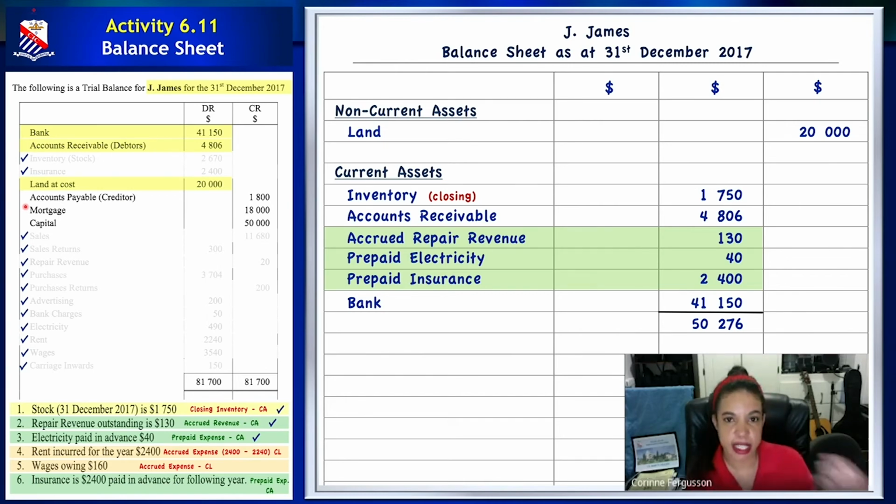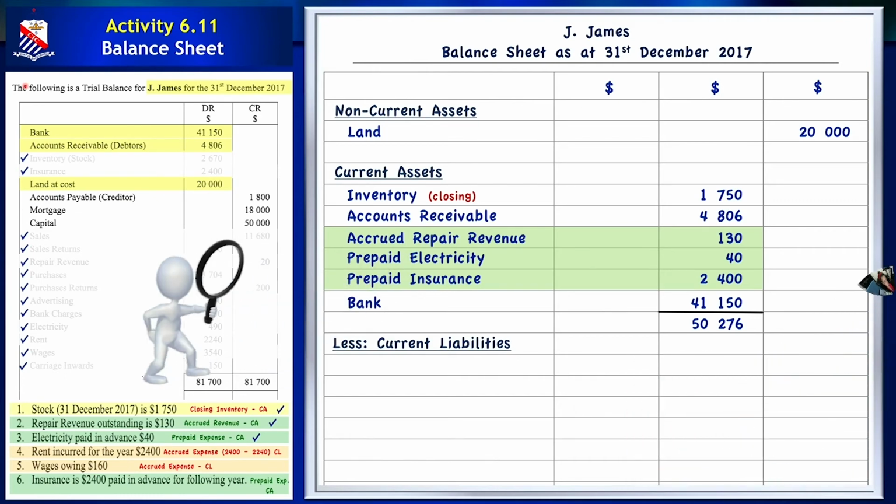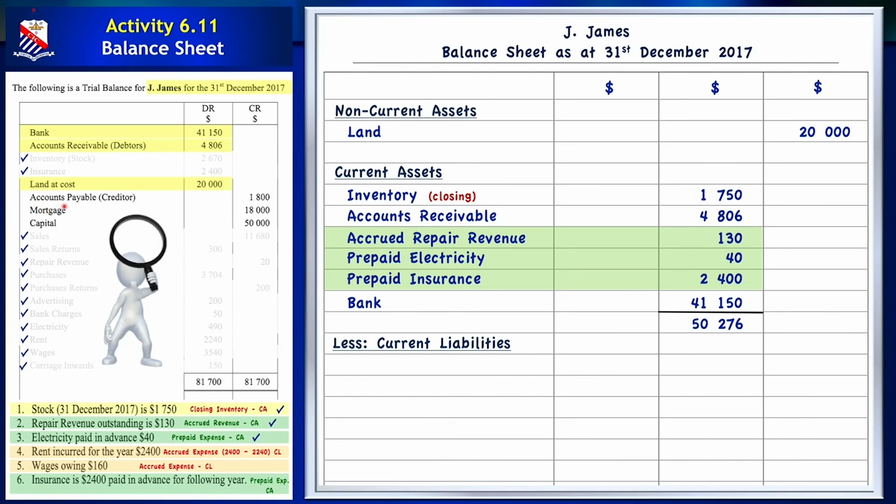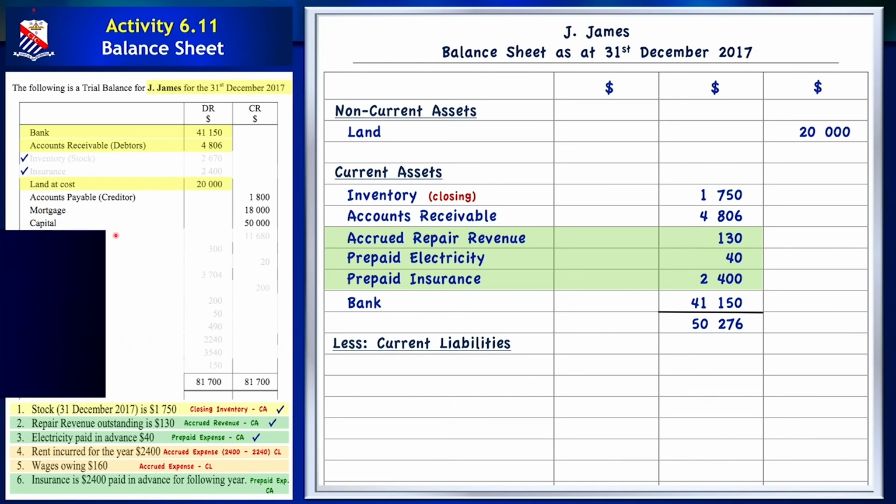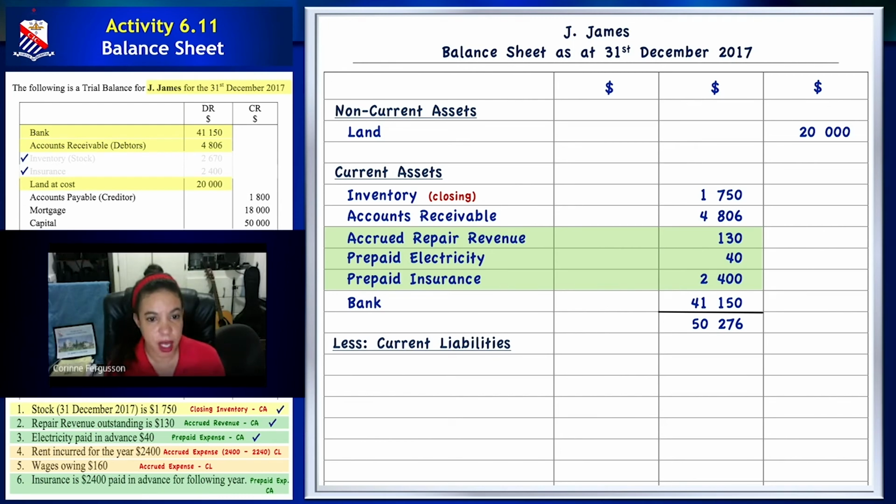So we're going on to the next part of it, which would be liabilities now. You less current liabilities. And which is the first one you usually start with? It could be a bank loan that is less than a year. We look and we don't see any bank loans that they say is less than a year. And then there's the accounts payable, also known as creditor. And you would see that it is 1,800.